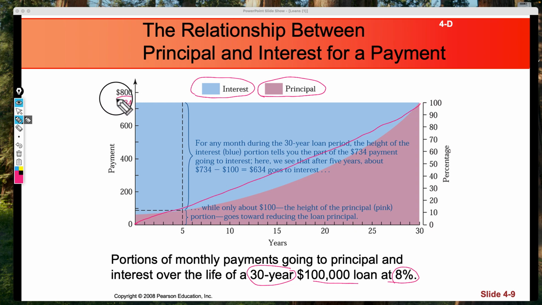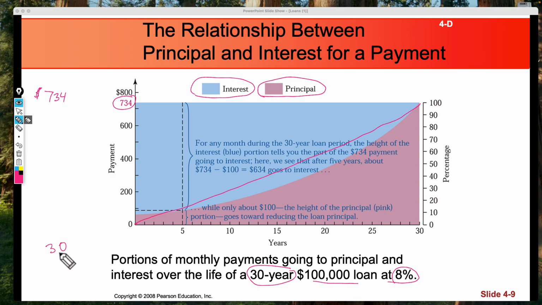I'm going to show you a calculation, and this is a calculation we're going to need to do. It's outside of the TVM solver, but we can do this. We can figure out how much interest was paid. So they're going to pay $734 a month, right? How many times are they going to pay that? Well, they're going to pay it every month for 30 years.